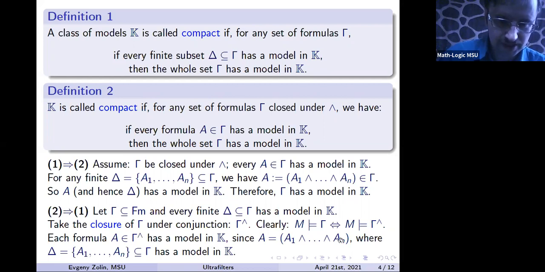And these finitely many formulas form some finite subset, which has a model by our assumption. So gamma has a model. Well, it's more easy to write the proof yourselves than to listen to the proof or to read the proof. So it is an easy exercise. Okay.